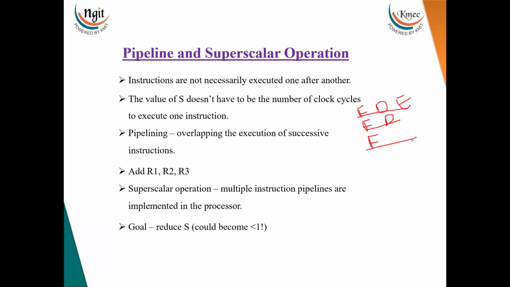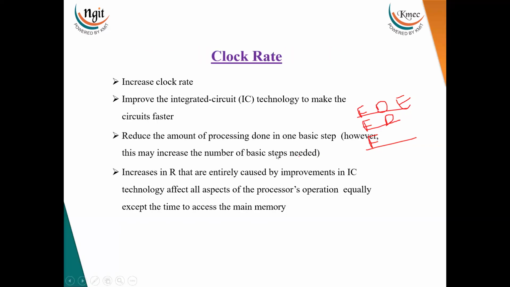Thereby we are executing more than one instruction parallelly. So we can achieve S less than 1. With that, we can reduce the overall product N into S, and thereby reduce the time required to execute the program. So this is one method.